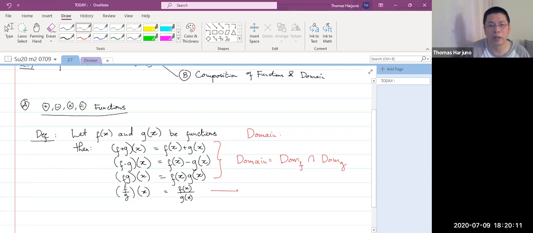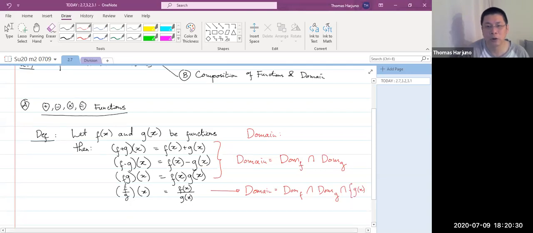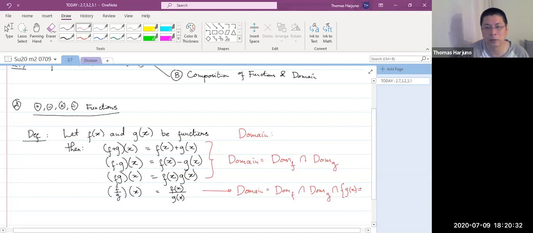While the domain for the quotient is still the same, the domain of f intersect the domain of g, with the additional condition that g(x) cannot be zero. Otherwise the denominator becomes zero.